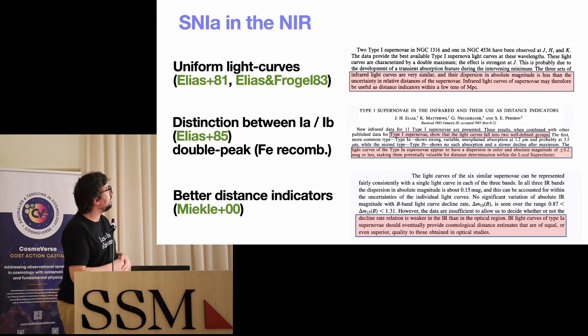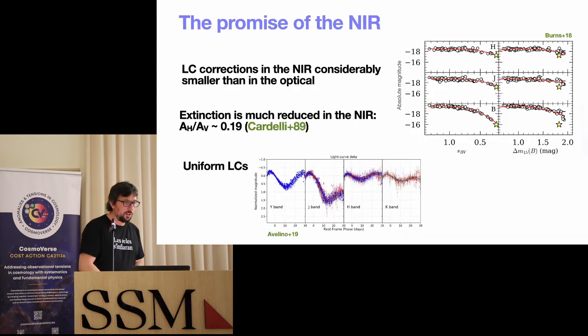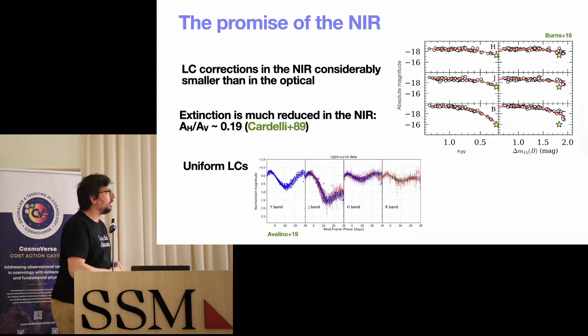And then in the 2000s, Meikle already said that they could be better distance indicators because, as I will show later, the light curves were more homogeneous and the extinction at those wavelengths is reduced, so there's reduced systematics. So that's the promise of the near infrared. Light curve corrections, the three that I mentioned before, are smaller than in the optical.